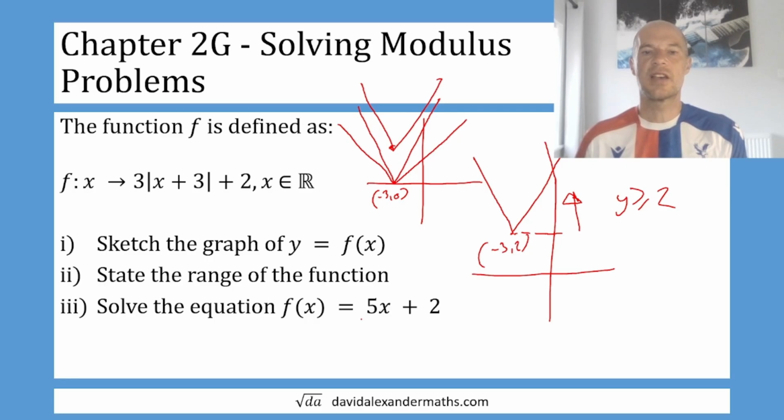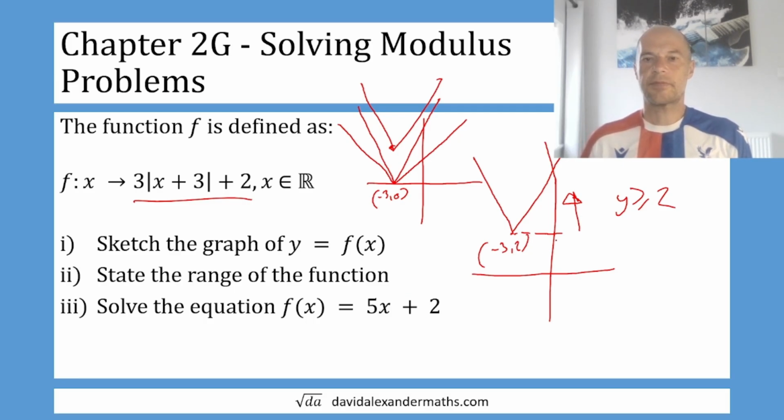The f of x equals 5x plus 2. Okay, so 5x plus 2 goes through at plus 2, and it's got a gradient of 5. So it's pretty steep. So what we can see is that it's hitting this part of the line here and not this part of the line here.